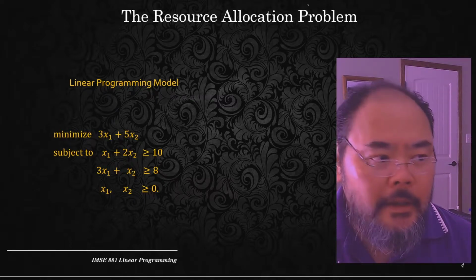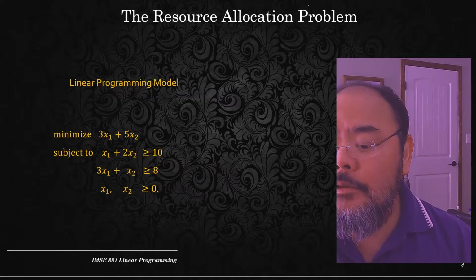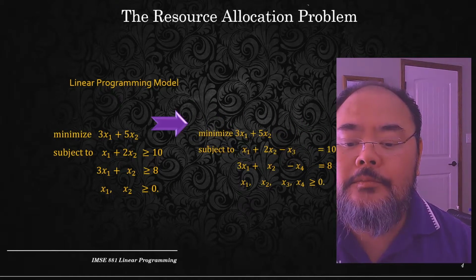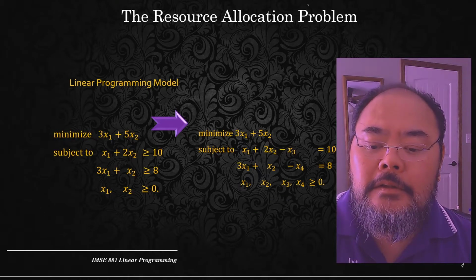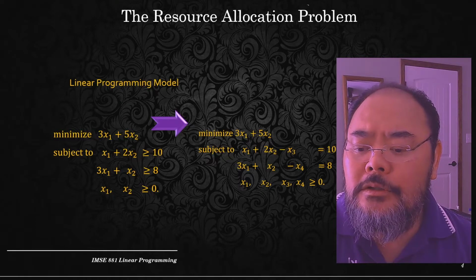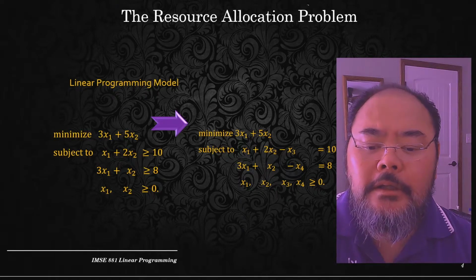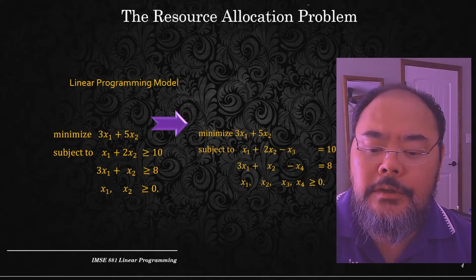Both x1 and x2 are non-negative. And here we add so-called surplus variables, x3 and x4, with a negative sign. So this will change the greater-than-or-equal-to constraints into equality constraints.